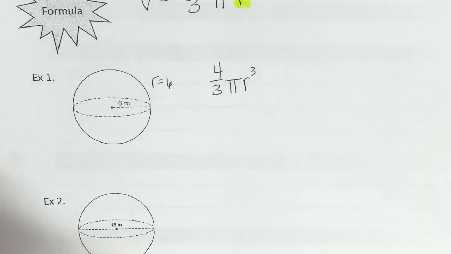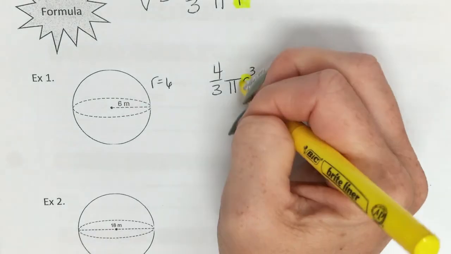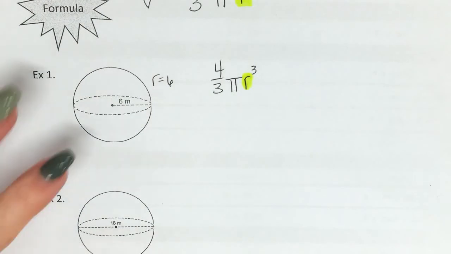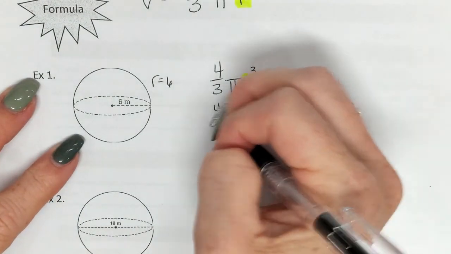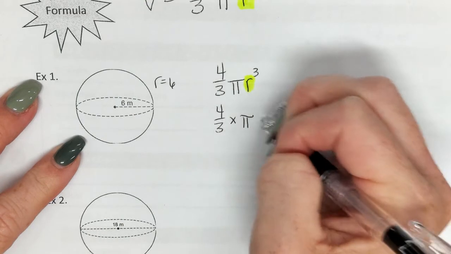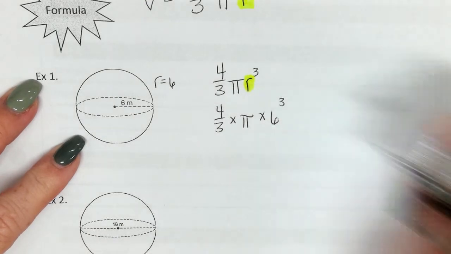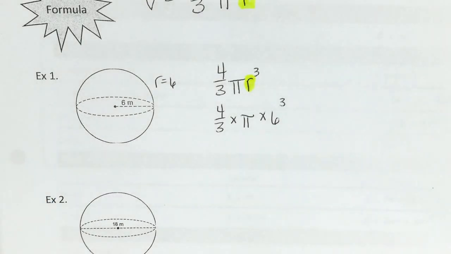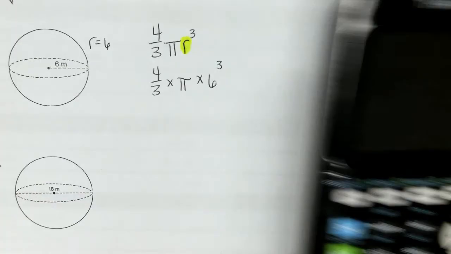You're going to, again, plug in the radius. So I'm going to do 4/3 times pi times 6 to the third power, and that will give me my final answer. Okay, so let's go to our calculator.